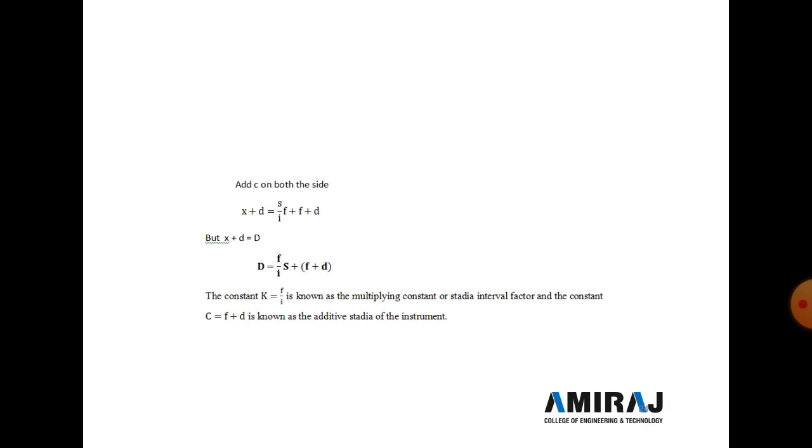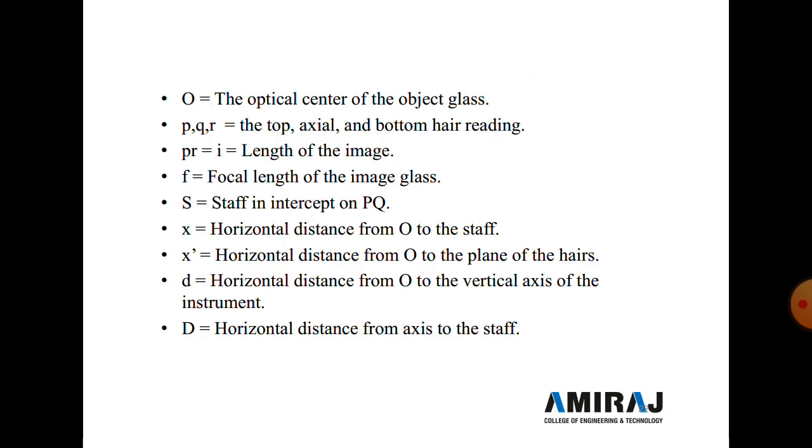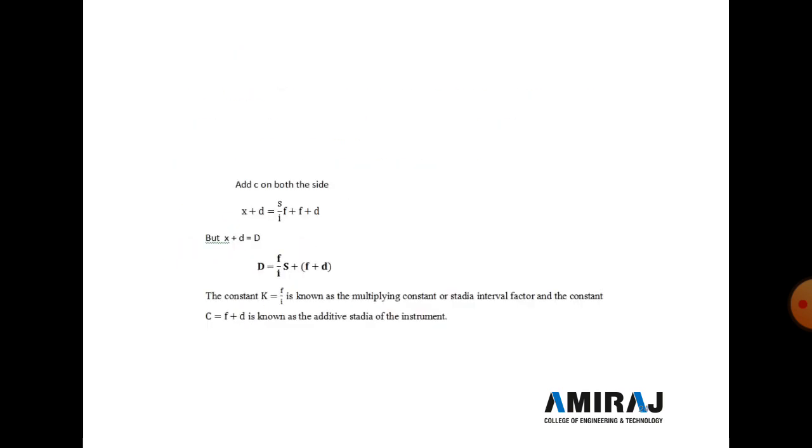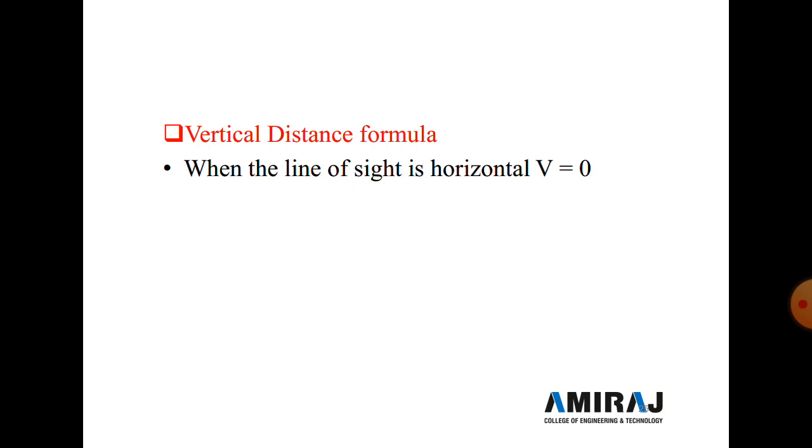Now add d on both sides: x plus d is equal to S upon I into f plus f plus d. From the figure, you can see that x plus d is the capital D value. Clear? So capital D is equal to f upon I into S plus f plus d.